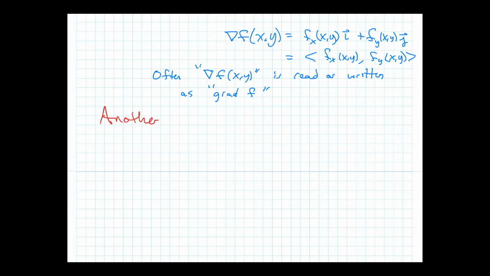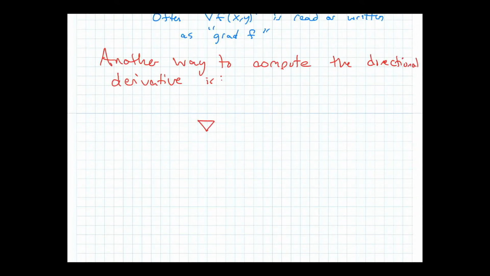So another way to compute the directional derivative, by definition, is, the directional derivative in the direction of u of f of xy is grad f of xy dot product with u.